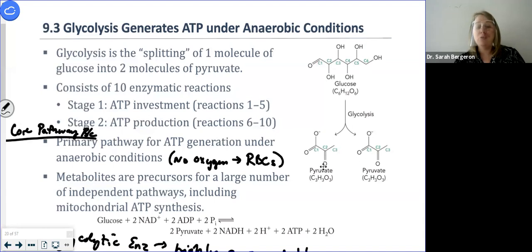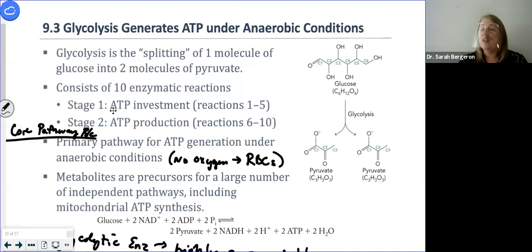Those two 3-carbon molecules are called pyruvate. So we get 1 glucose going to 2 pyruvate. There are 10 enzymatic reactions. Do you need to know the 10 enzymatic reactions? See my head nodding? Yes. You need to know them.